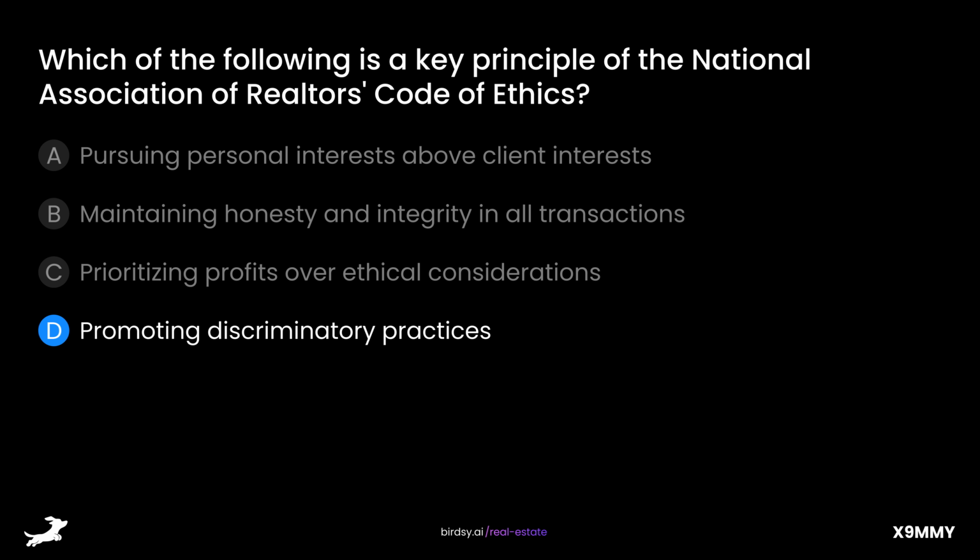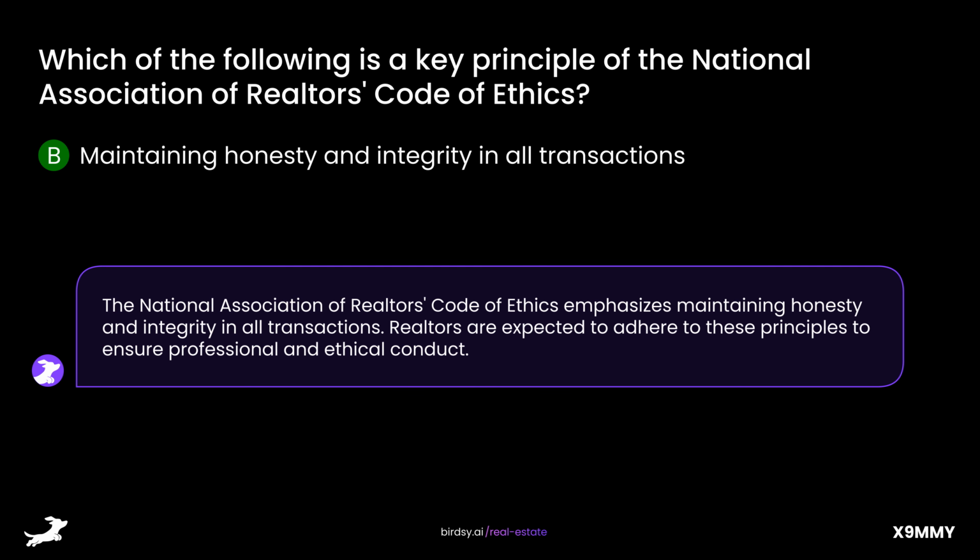Or D. Promoting discriminatory practices? The answer is B. Maintaining honesty and integrity in all transactions. The National Association of Realtors Code of Ethics emphasizes maintaining honesty and integrity in all transactions. Realtors are expected to adhere to these principles to ensure professional and ethical conduct.